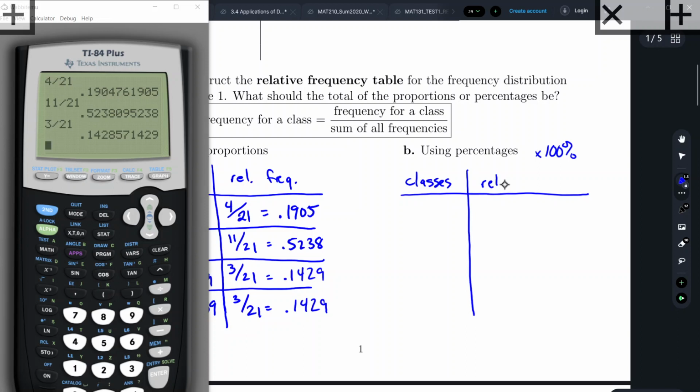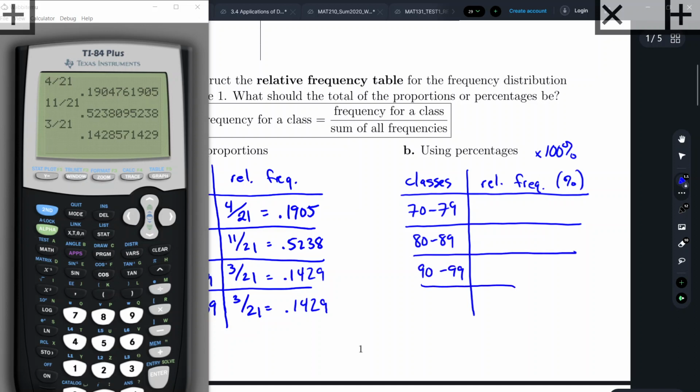And now we'll type out the relative frequency, but as a percentage. So 70 to 79, then 80 to 89, then 90 to 99, then 100 to 109.